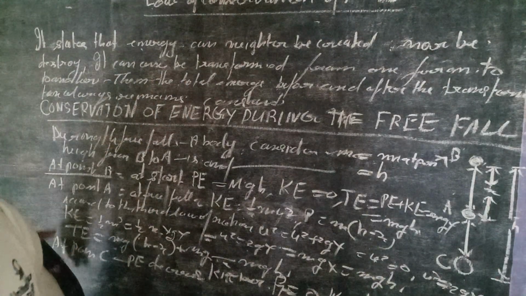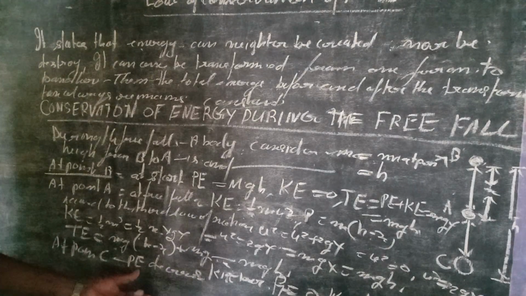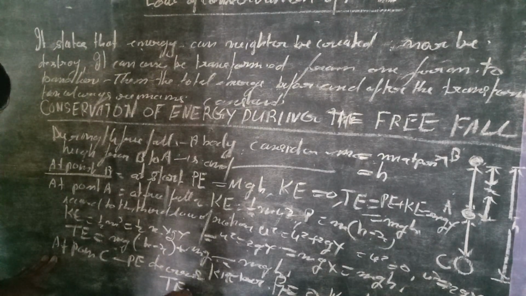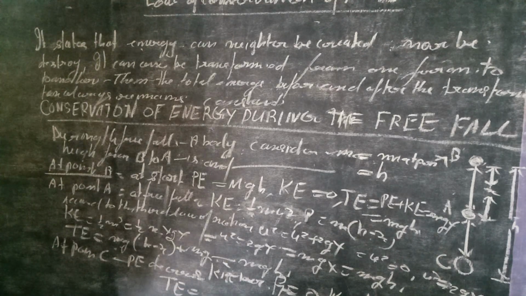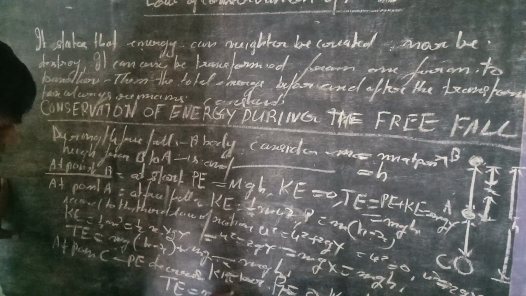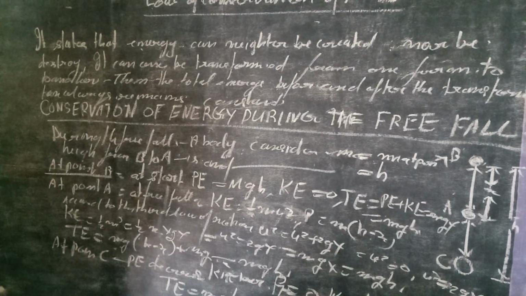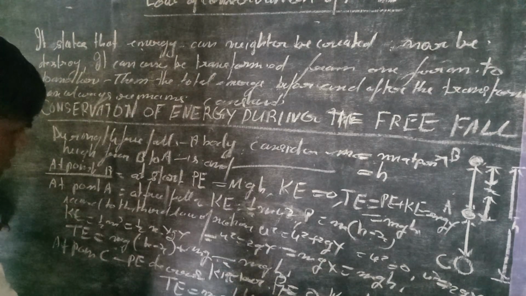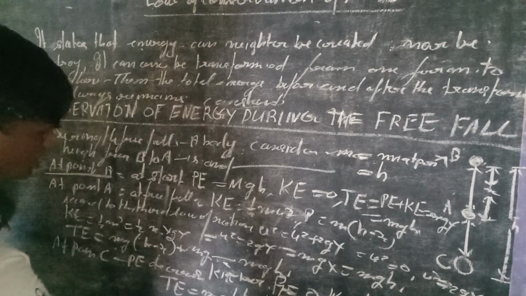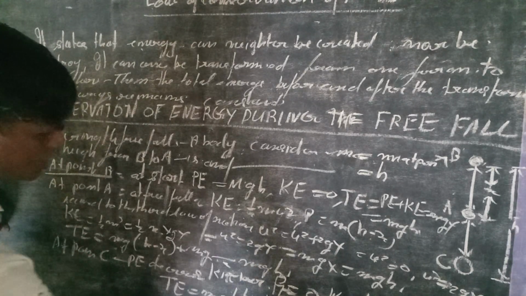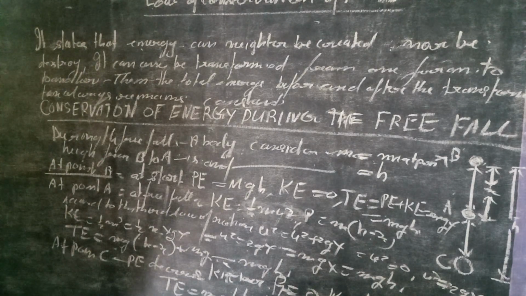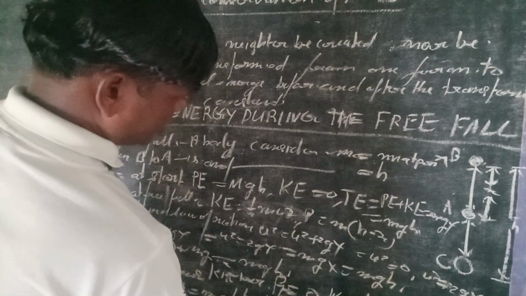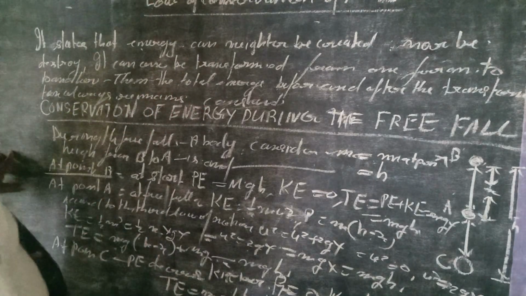Substituting these values, the total energy is m into g into h, because v square is equal to twice gx.